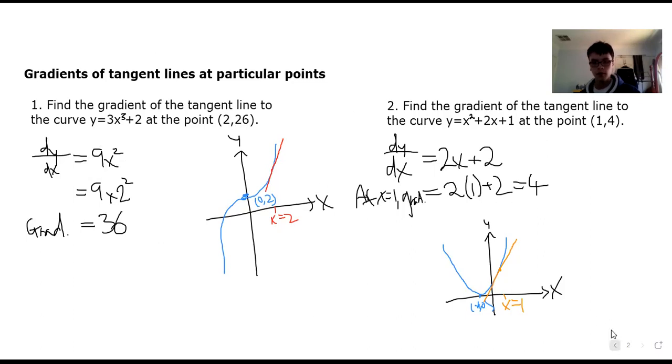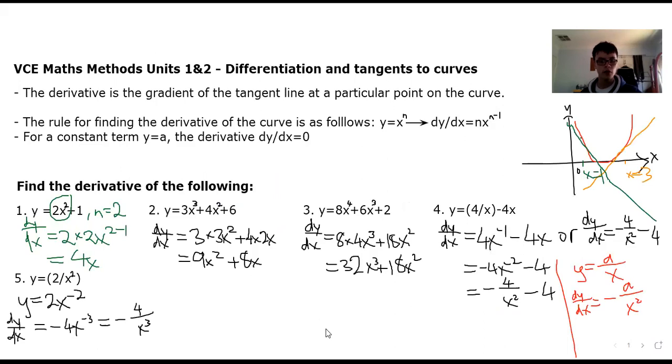And to find the derivative of a function, if we have y equals x to the power of n, then to find the derivative, you just bring this power of n over to the front. So it becomes n times x, and the power of x becomes n minus 1.